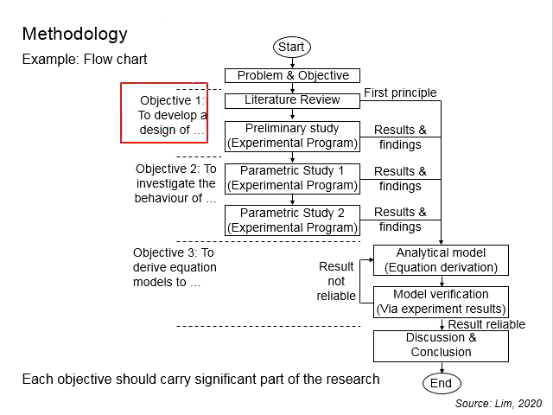In order to achieve this objective, you will require an extensive literature review in terms of all the possible designs which are existing and available, as well as the concepts and principles which may be applied in your designs, knowing the governing factors that can influence the behavior of the intended design, and so on and so forth. Having those basic understandings, you may have an idea in terms of the new design.